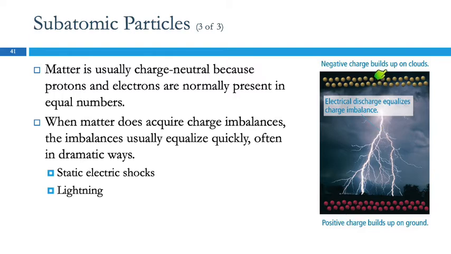Lightning is when that charge difference is equalized. There's a lot of energy in that, and it's so violent it makes this huge thunderclap. Static electric shocks are also a charge imbalance equalizing. Any questions?